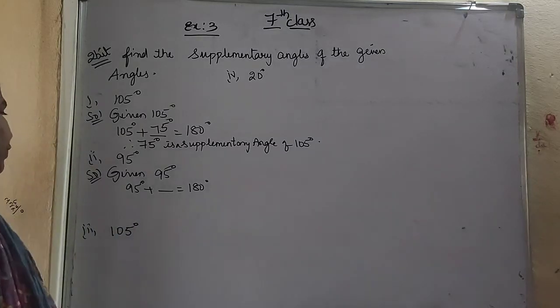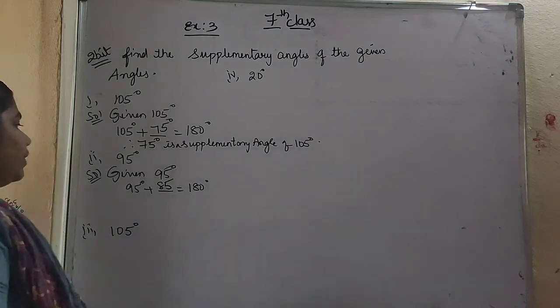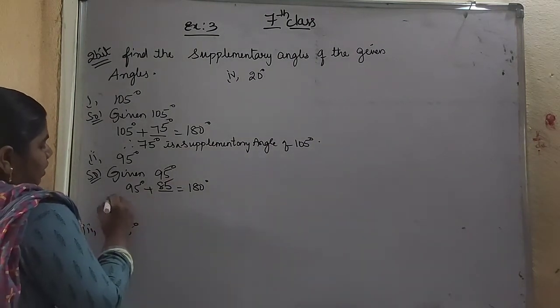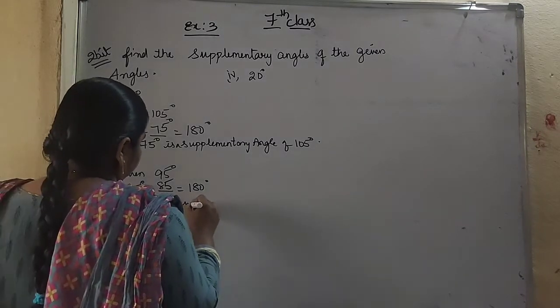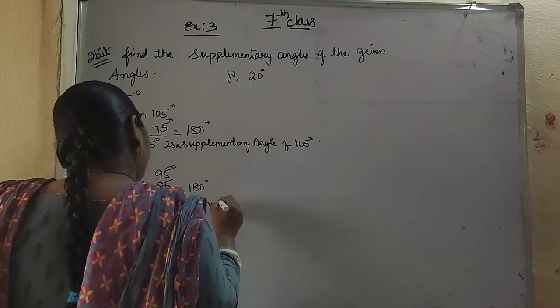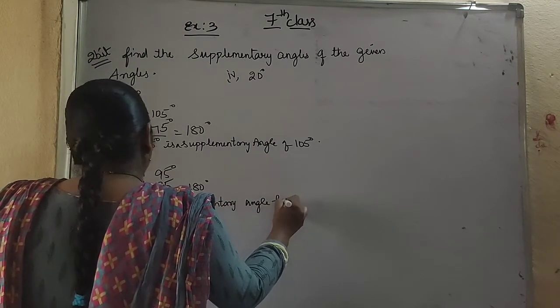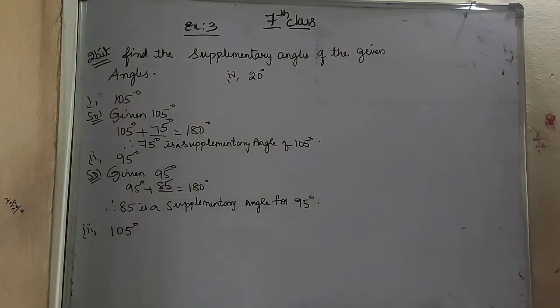It will be 85 degrees. 5 plus 5 is 10. It will be 85 degrees. Therefore 85 is a supplementary angle for 95 degrees. This is our second question.